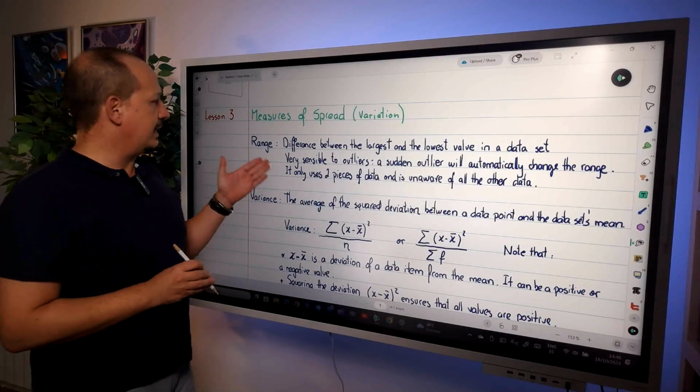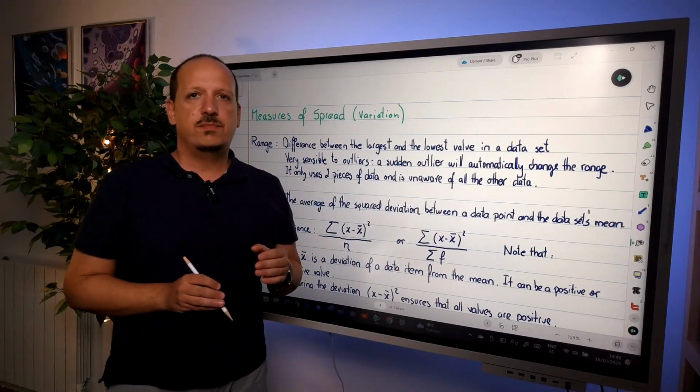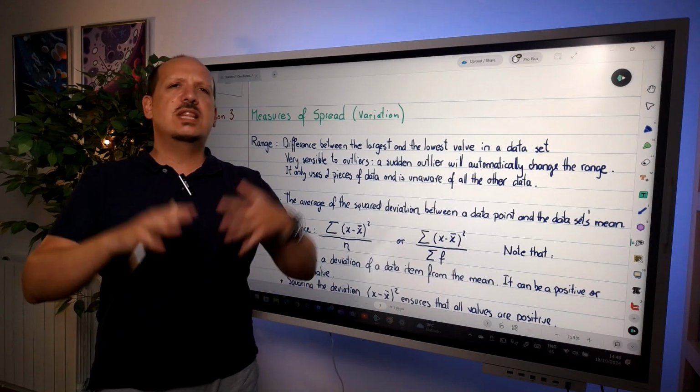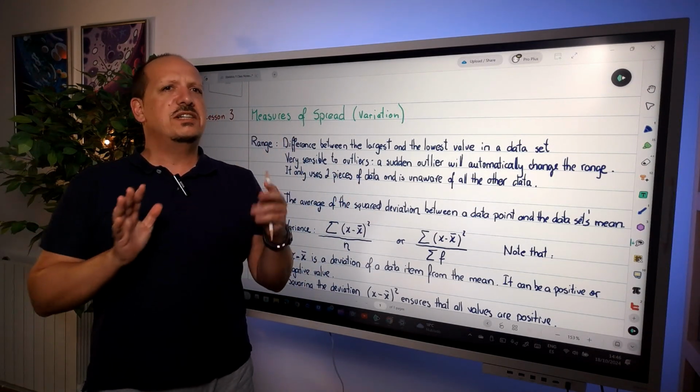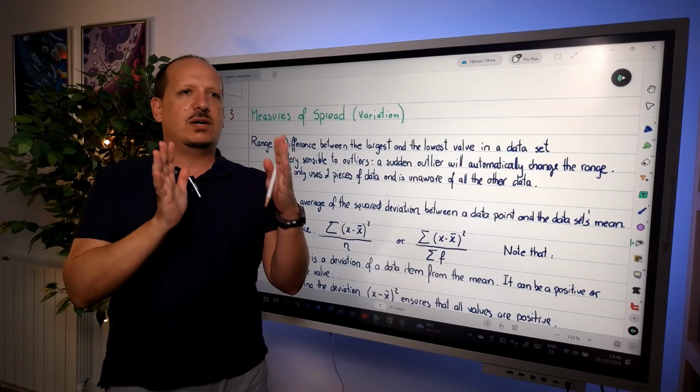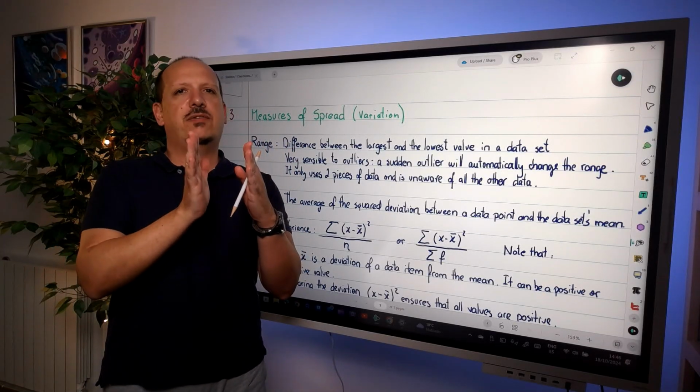One of them is that it's very sensitive to outliers. Imagine that you have, for example, 1,000 data points, and 99.9% of them are within the 400 to 500 range.